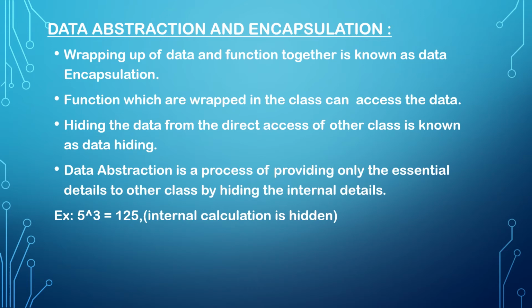We will see in later sessions how we achieve data abstraction and data encapsulation in our programs. Here the example for data abstraction is 5 power 3 equals 125. So all the internal calculations are hidden. We only see the result as 125. So this is data abstraction and data encapsulation.